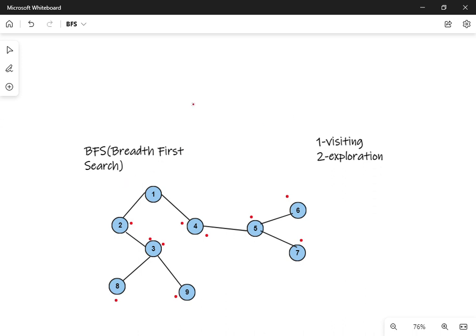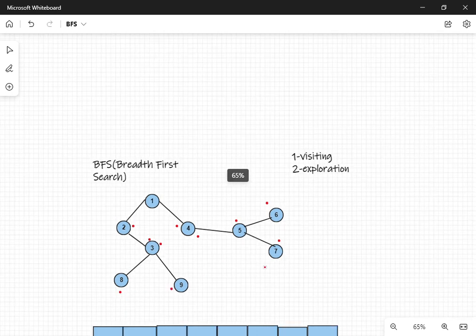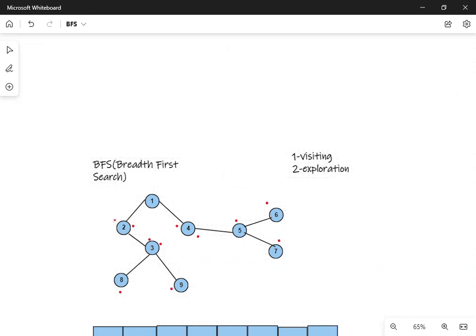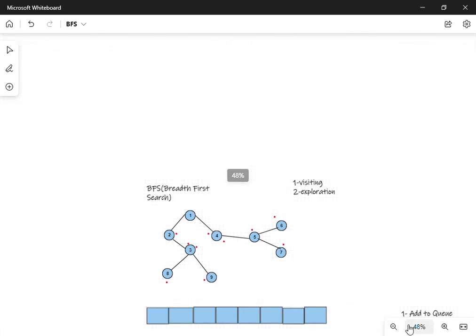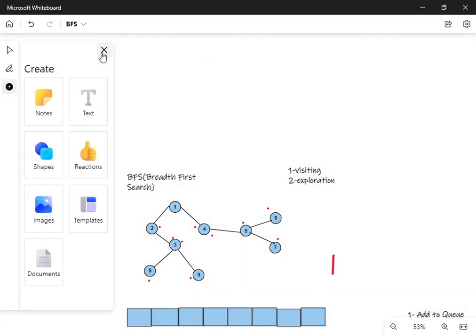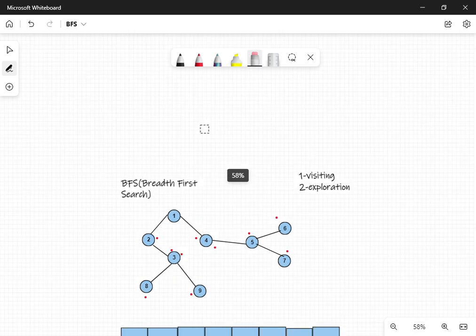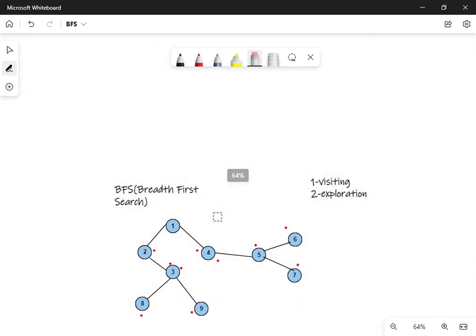Let me start with a queue data structure. Let me get it clear.